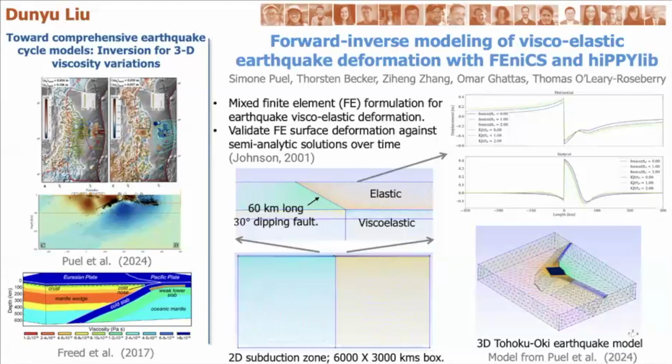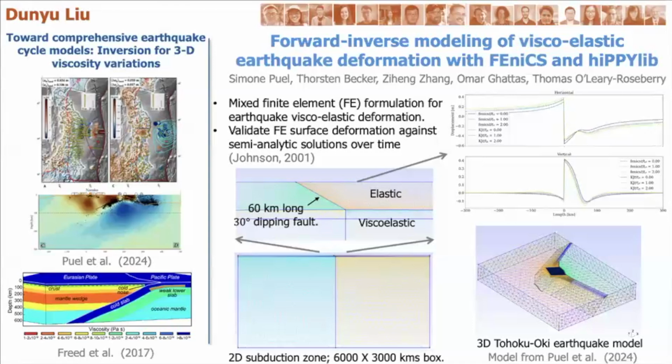Here we have a really thin crust layer sitting on top of a really huge viscoelastic half space. If we zoom in, we have a subducting fault at 30 degrees, with an elastic layer on top and a viscoelastic layer at the bottom. We put some slip on the fault and look at the surface deformation.